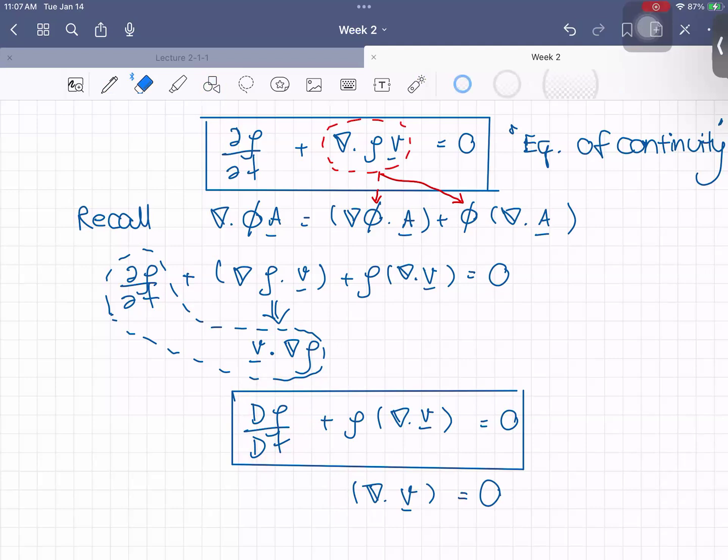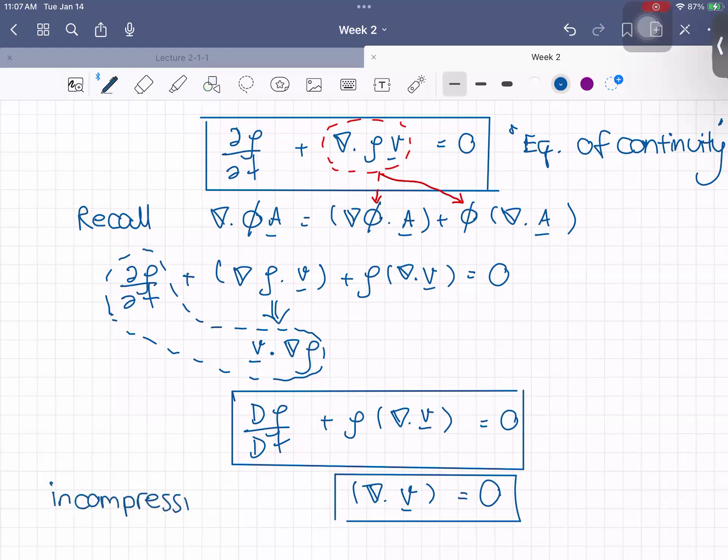So in terms of incompressible fluid, the continuity equation will be transformed to only this term, ∇·v = 0.